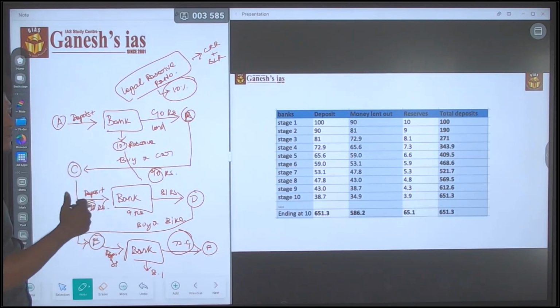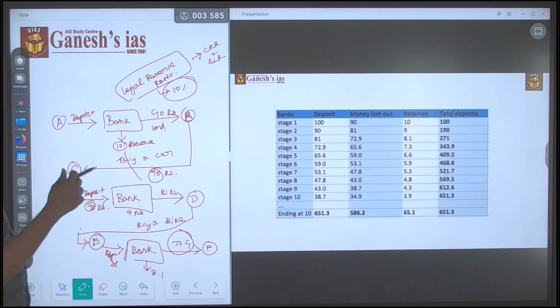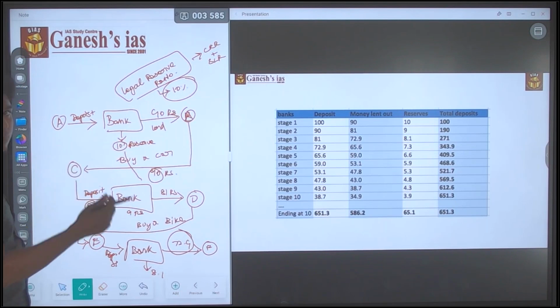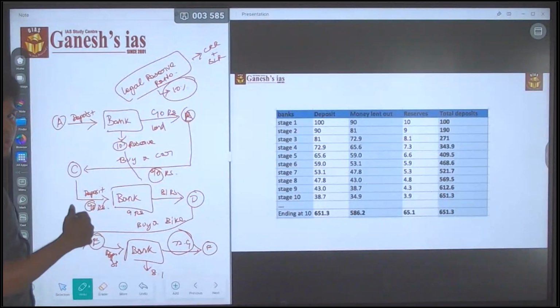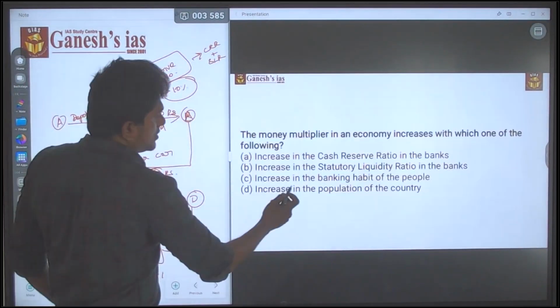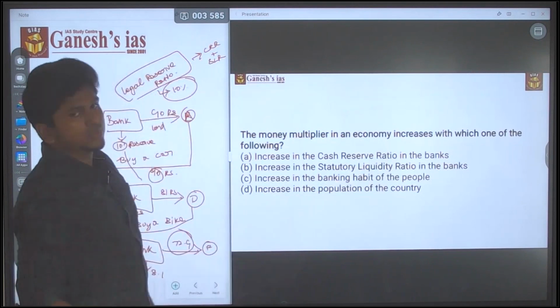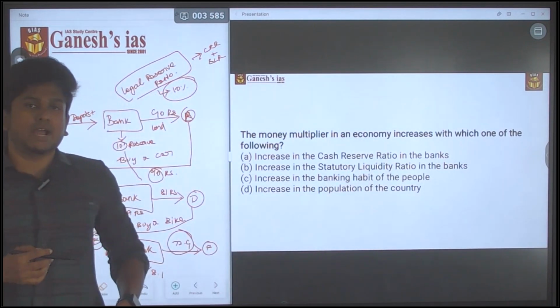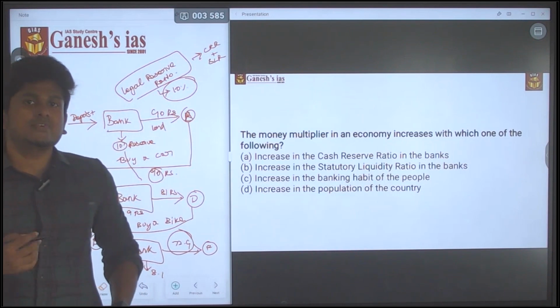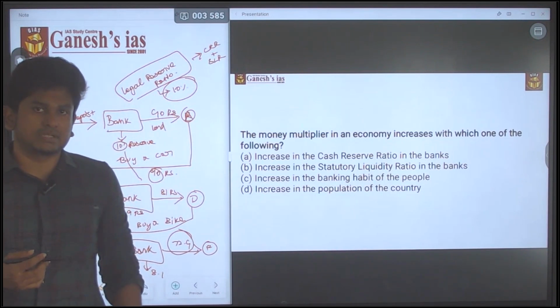Even if there is a higher population, if they are not using the bank, or they don't have a bank-using habit, there won't be any money multiplication process in the market. So it is all about increases in the banking habit of the people. So the answer is C. Only if the banking habit of the people increases will that lead to the money multiplication process.